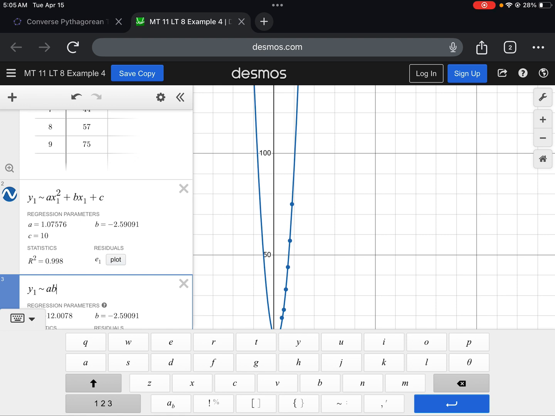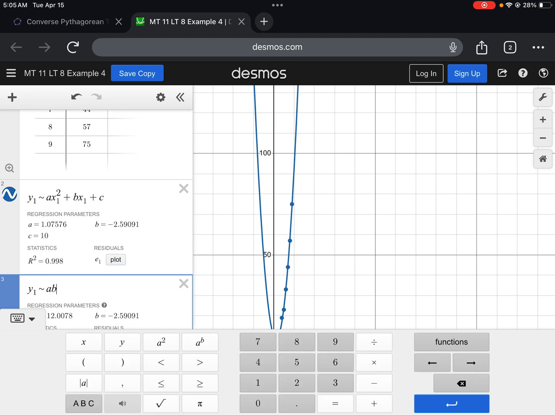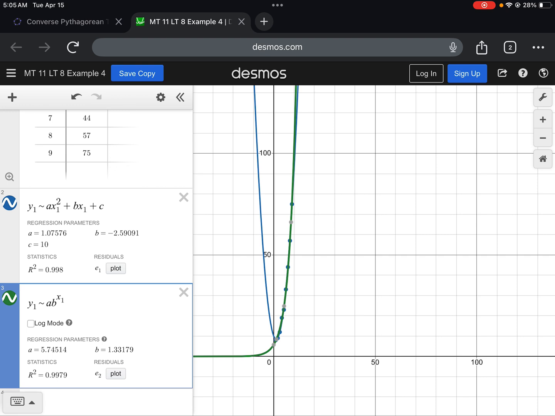And then I want my exponent, and I'll go x1. Notice on this screen, it's green. Oh, look at that. That's even better. No, it's not better. It's pretty darn close, isn't it? 0.9979, 0.998, 0.998 is a little bit higher, isn't it? So exponential, my first guess was pretty close, wasn't it?